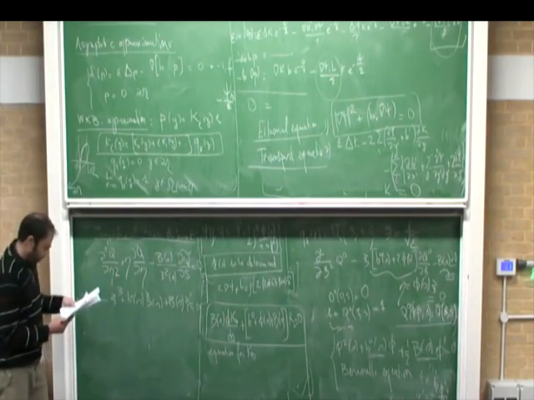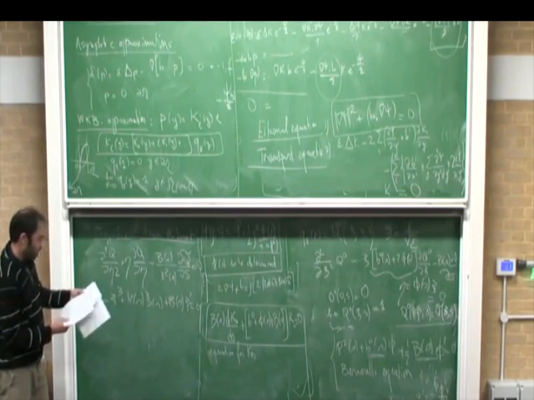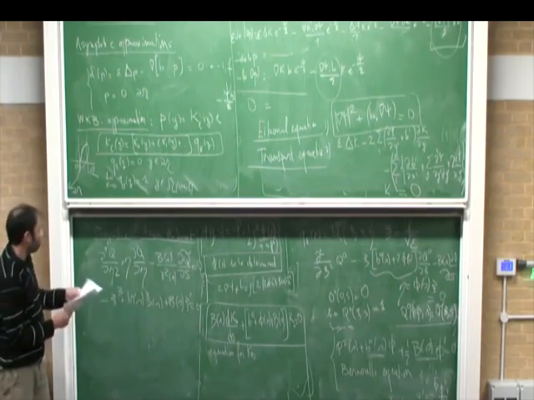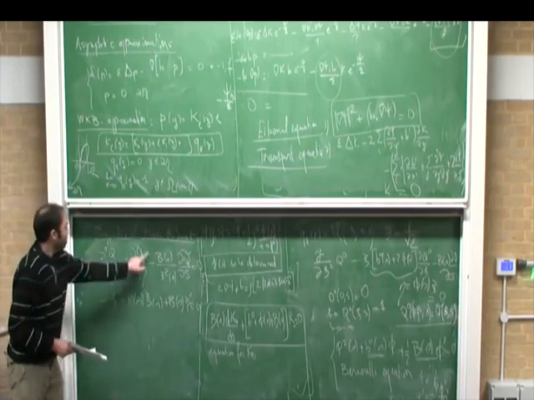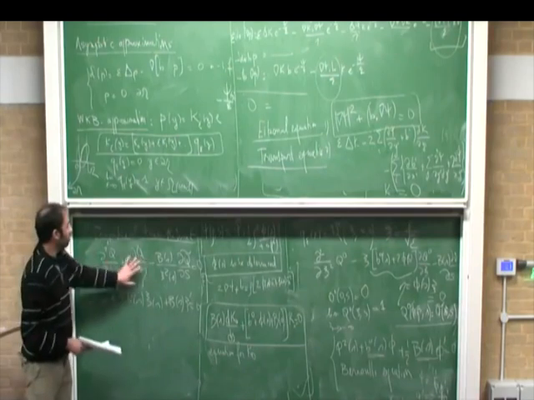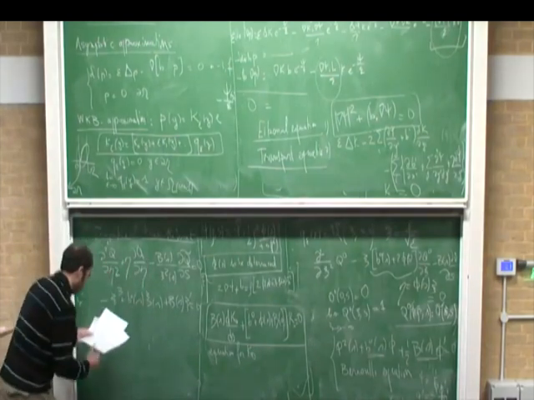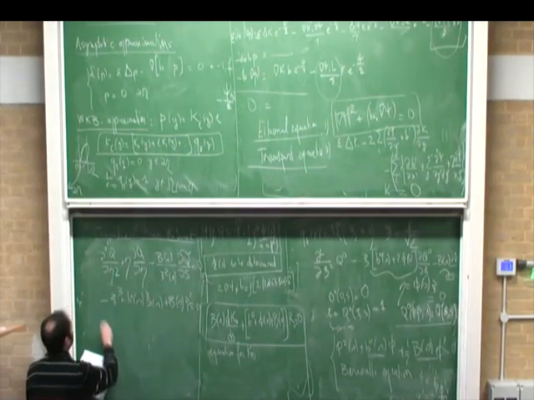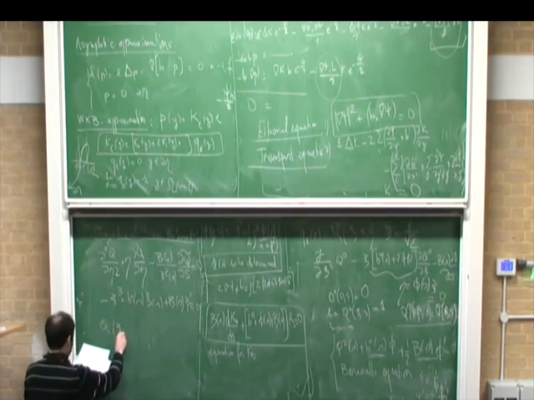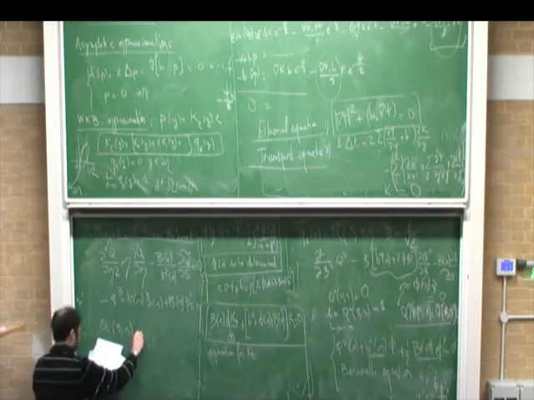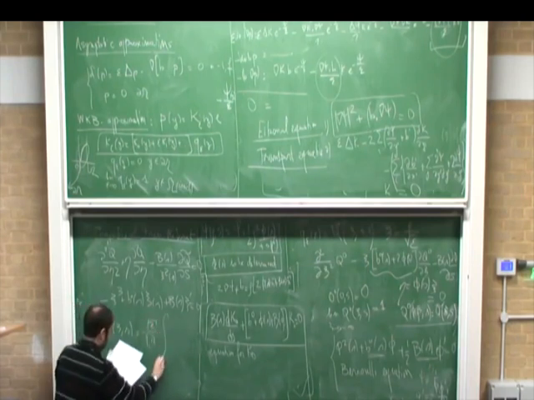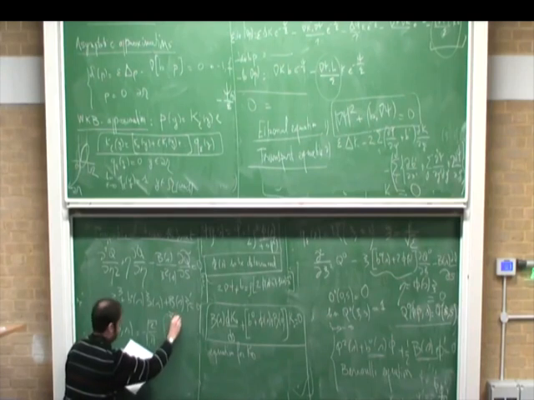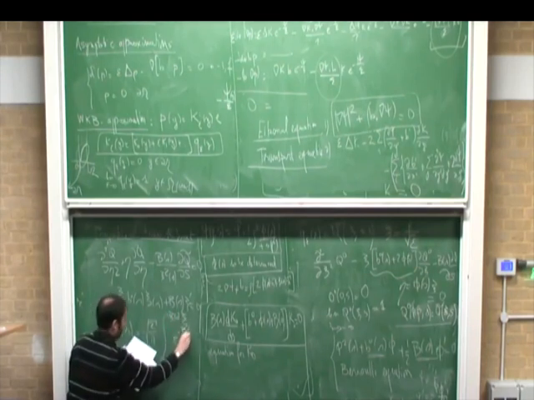And finally, with this you can look for a solution with separated variables. You can set this equal to 0, and you get q of psi and s, which is minus 2 divided by pi, the integral from 0 to psi of s of eta exponential minus z squared divided by 2 dz.